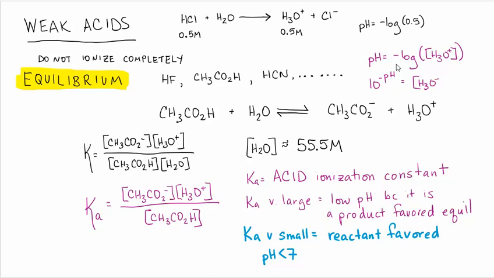Hold on a second, I'm really confused. I'm going to be talking about Kas and pKas in a second, but pH is the negative log of the hydronium ion, and 10 to the minus pH is the hydronium ion concentration.